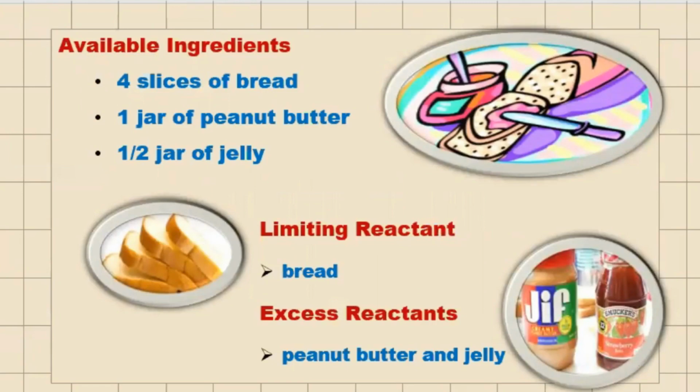You are going to eat 4 slices of bread with 1 jar of peanut butter and half a jar of jelly, in which the limiting reactant is the bread because it is very small. The excess reactant is peanut butter and jelly, which exist in large amounts.